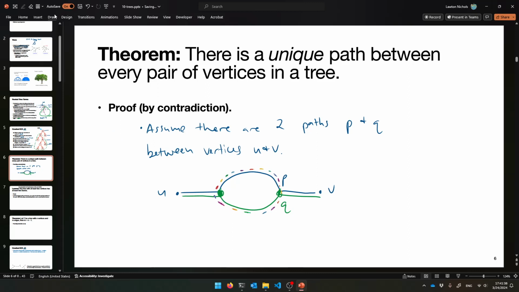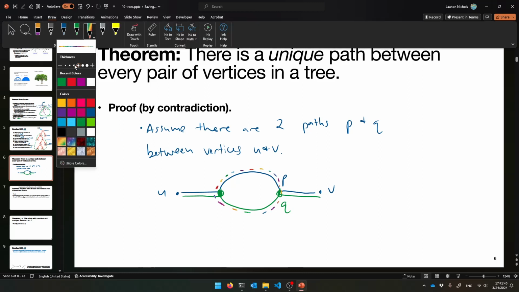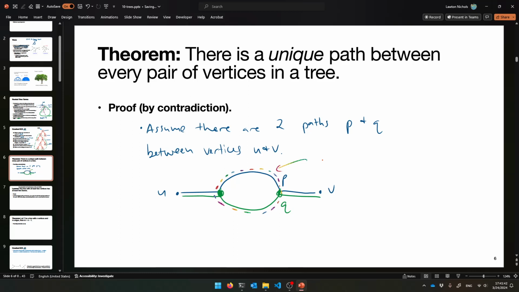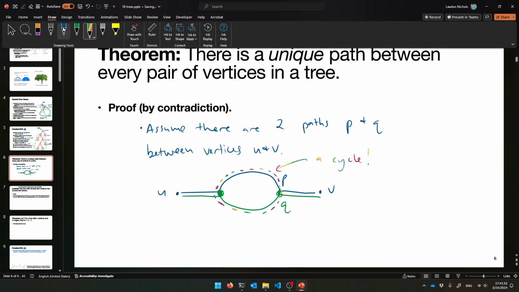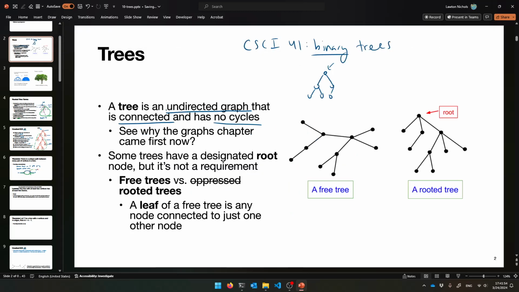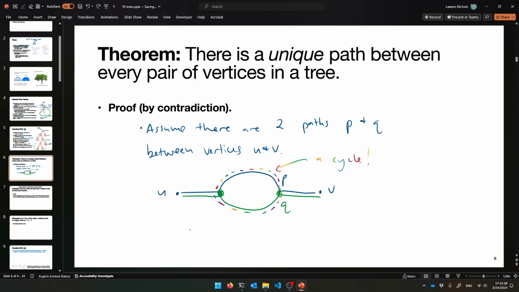That creates a cycle. And that implies that there is a cycle in the tree itself. And a tree cannot have a cycle. So that's a contradiction.